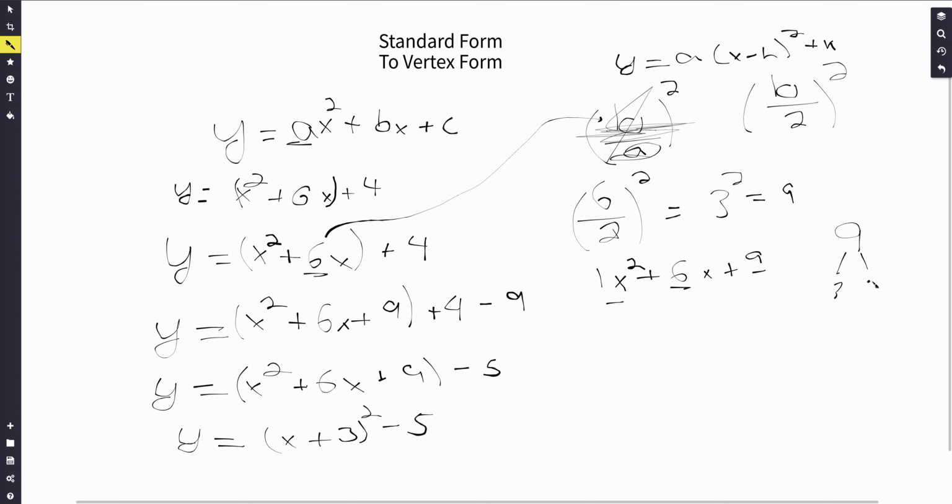Well, that's just 3 and 3, and they're both positive 3. So this would simplify to (x plus 3) and (x plus 3), and (x plus 3) times (x plus 3) is the same as (x plus 3) squared. So that gives us our vertex form of the original function we had, x squared plus 6x plus 4.